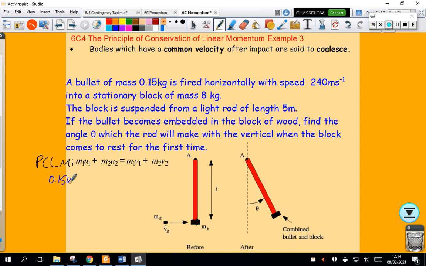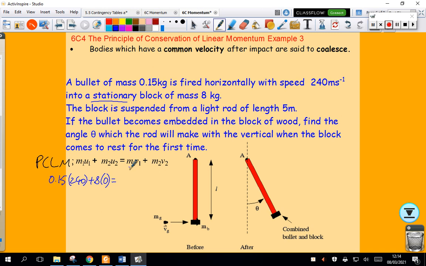Just double check that's given in kilograms. So 0.15 is the mass times its initial velocity. It has a big initial velocity of 240, plus the mass of the second object, which we know is 8, but its initial velocity is 0. It's not moving at all. It's stationary. So its initial velocity is 0.